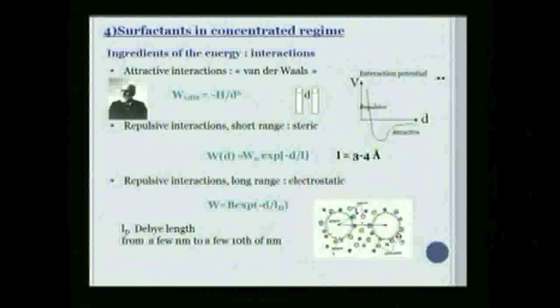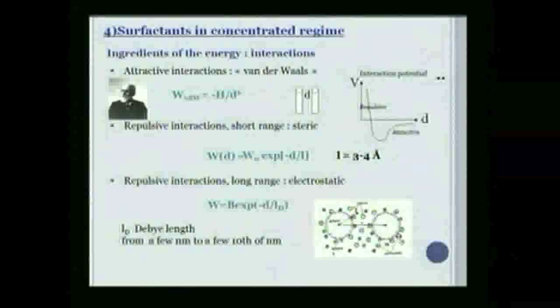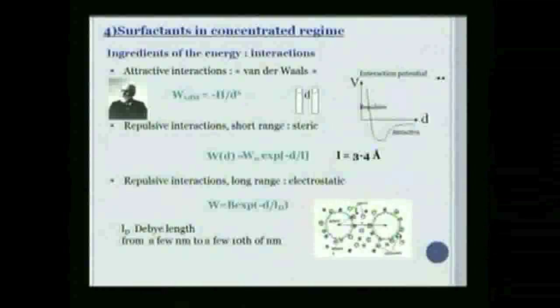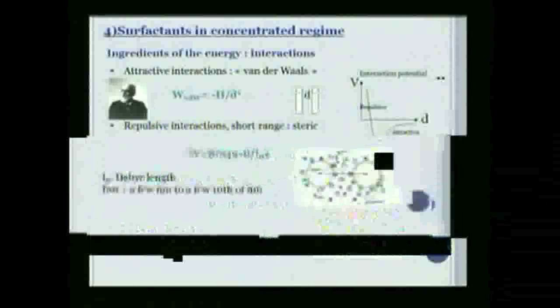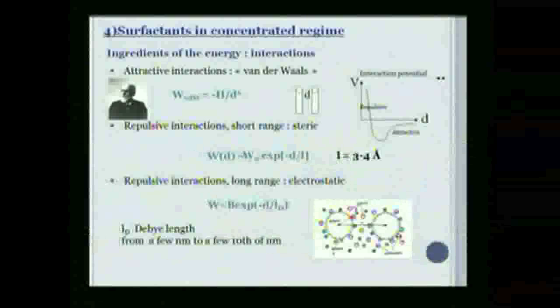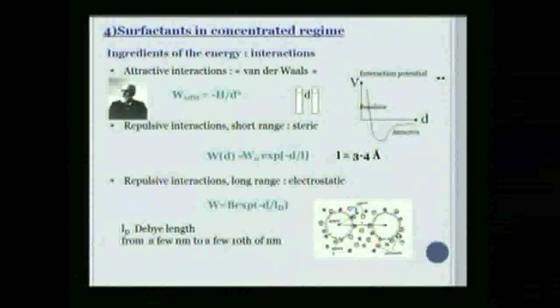You will always have entropy, of course, and you will have to add an interaction potential, the energy of interaction between the micelles which are now very close to each other. So, very quickly, what are the ingredients of the interaction potential when you have two micelles, for example two cylindrical micelles like this one, but it could be the same with spherical or planes, close to each other?